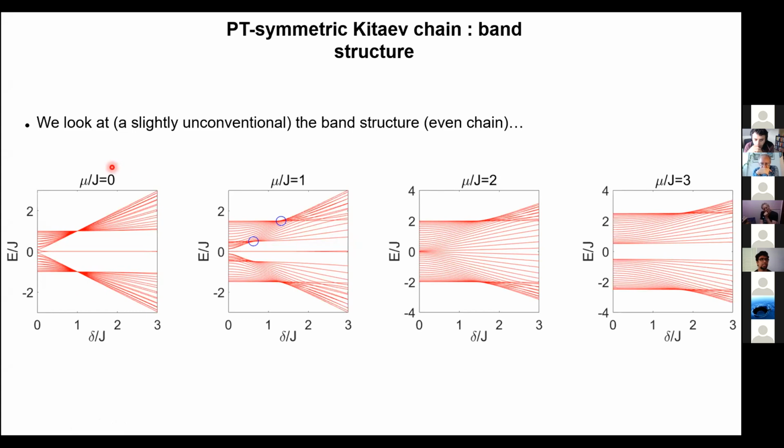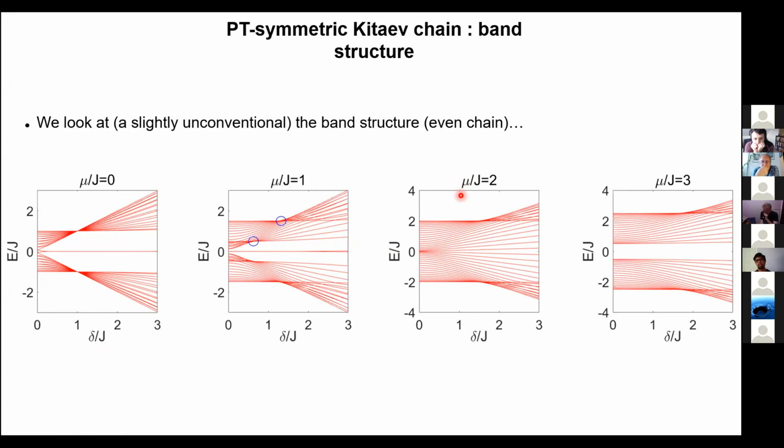And you can see that for mu equals 0, this is the band structure. As you increase mu, the band structure sort of changes, and it opens up. Mu equals 2 is the point where it transitions.